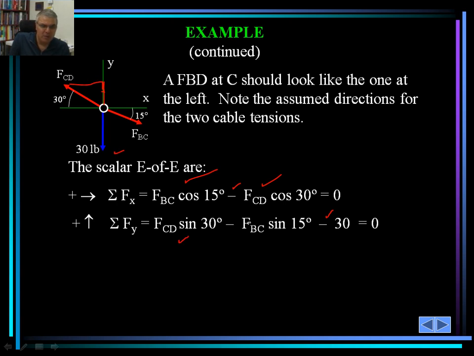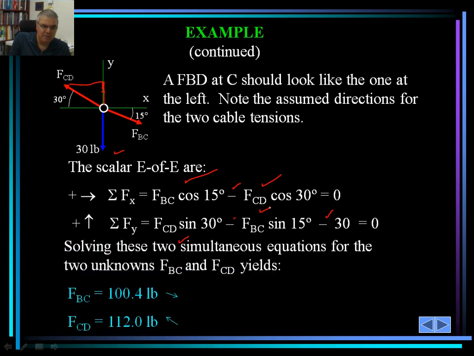Again, this is positive acting upward and this is negative acting downward. We set that equal to 0 and solve these two simultaneous equations for the two unknowns, F sub BC and F sub CD. Basically, we express one unknown in terms of the other, plug it into the other equation, and solve. We only have two unknowns and two equations, so we can easily solve that.